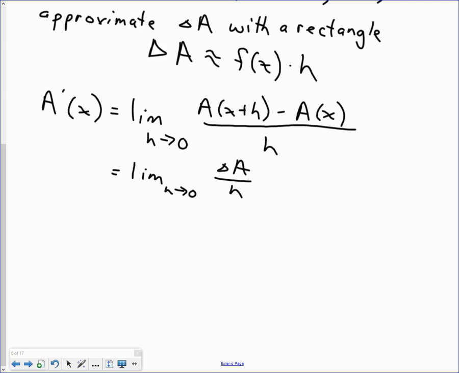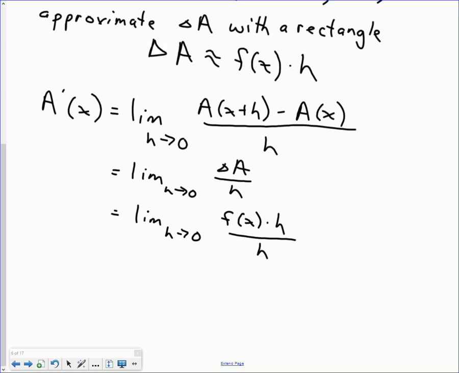We have an approximation for delta A, which is our rectangle. Let's put that in instead. So this is approximately going to equal f at x times h over h. And that approximation is good if we take the limit as h goes to 0. And because we're already taking the limit as h goes to 0, this is acting in our favor.